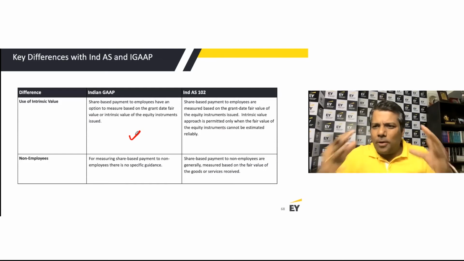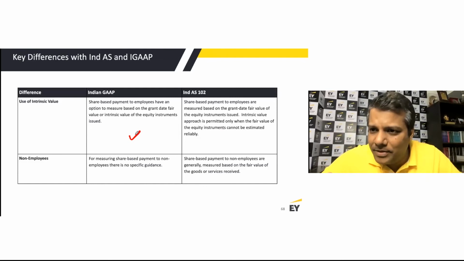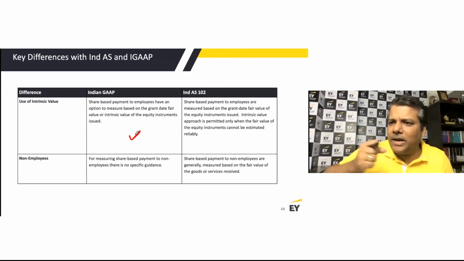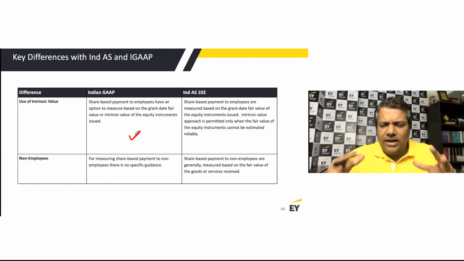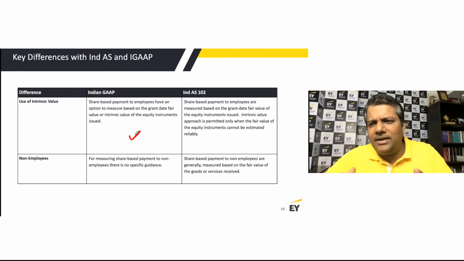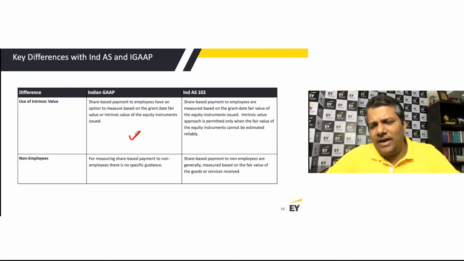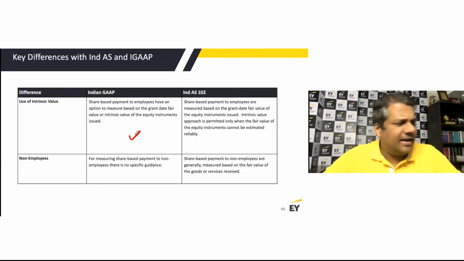So essentially the option pricing model also tries to determine the amount of premium, or the fair value, which I as an employee am willing to pay, by providing my services. So Ind AS makes it mandatory to use fair value as a measurement and valuation technique to determine the value of the option, whereas Indian GAAP allowed you to use the intrinsic value.